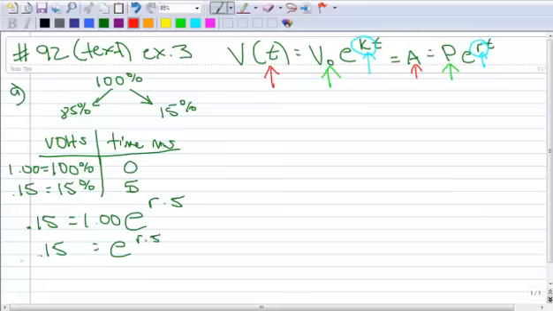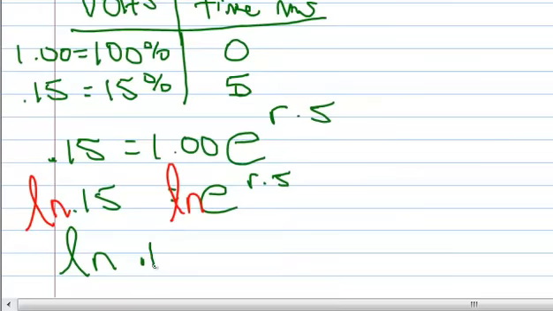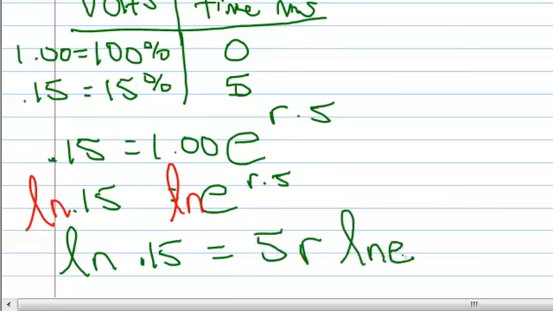Solving for r, which is in the exponent, I take the natural log of both sides. So I've got the natural log of 0.15. When I take the log, I use the power property which releases the exponent, so it comes down in the front. So 5r times the ln of e. You know the ln of e is 1, so that can disappear. And I can divide both sides by 5.